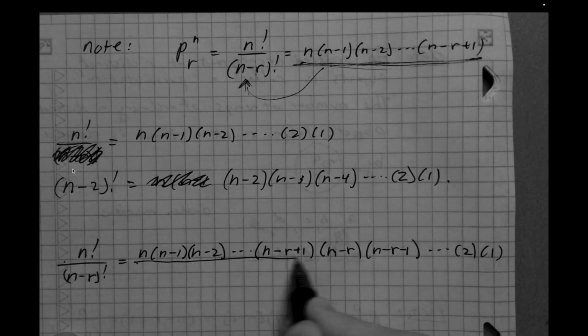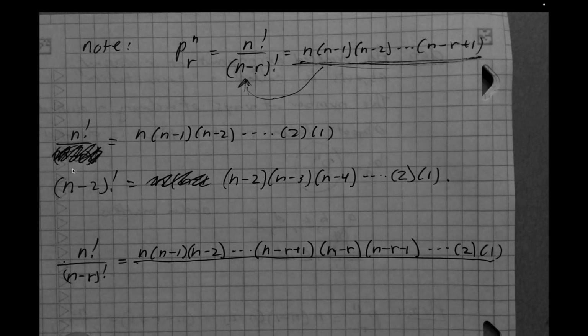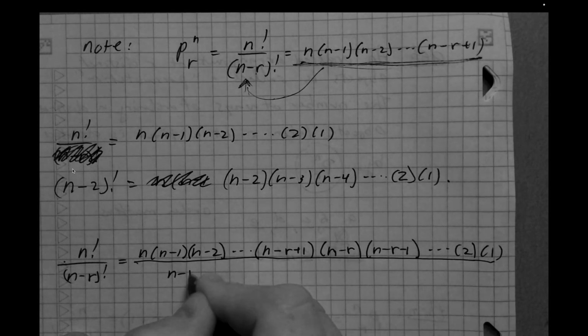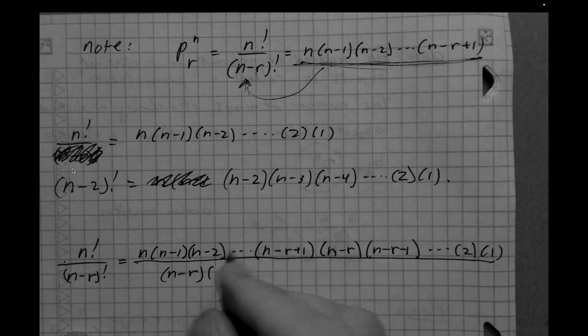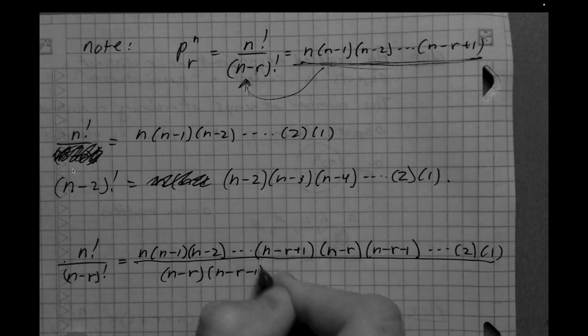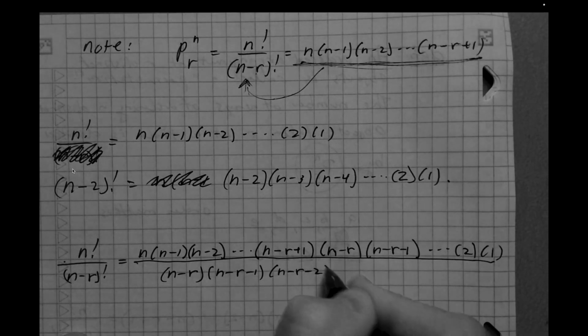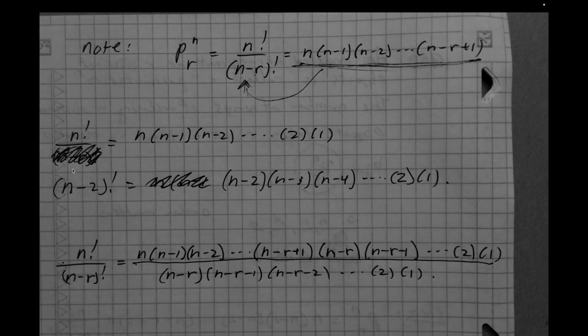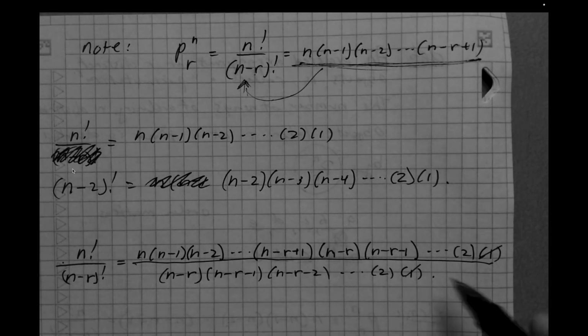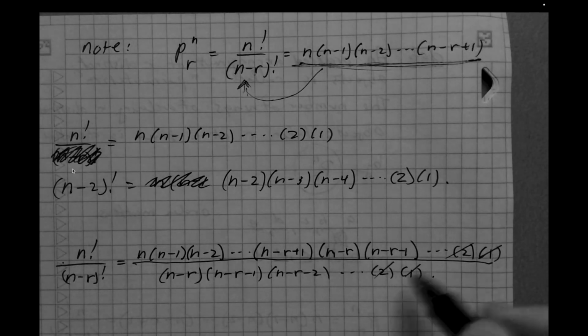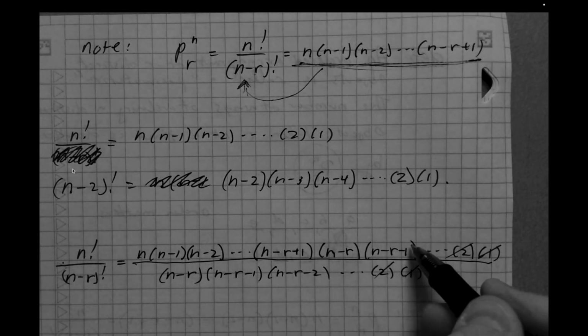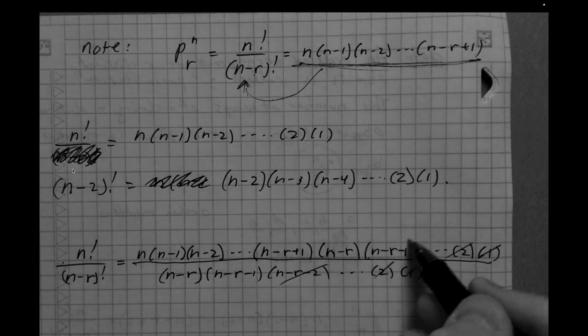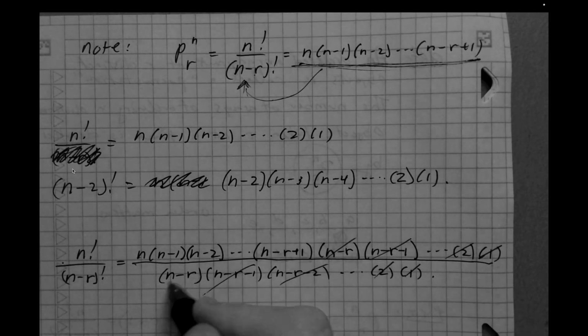Then what is that denominator? Well, the denominator is n minus r times n minus r minus 1 times n minus r minus 2, dot, dot, dot, all the way down to 2, all the way down to 1. And so you can see why I included the middle terms. Obviously, lots of this is going to cancel. The 1's cancel, the 2's cancel, the 3's cancel. The n minus r minus 2's cancel. n minus r minus 1 cancels, n minus r cancels.